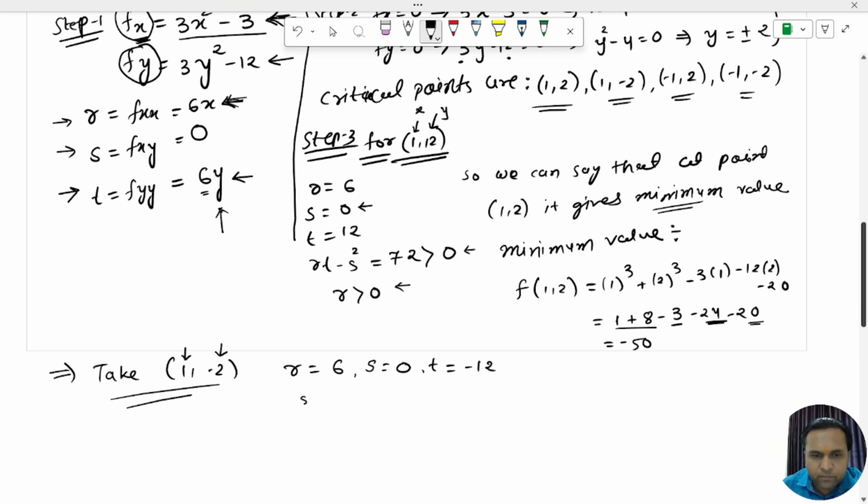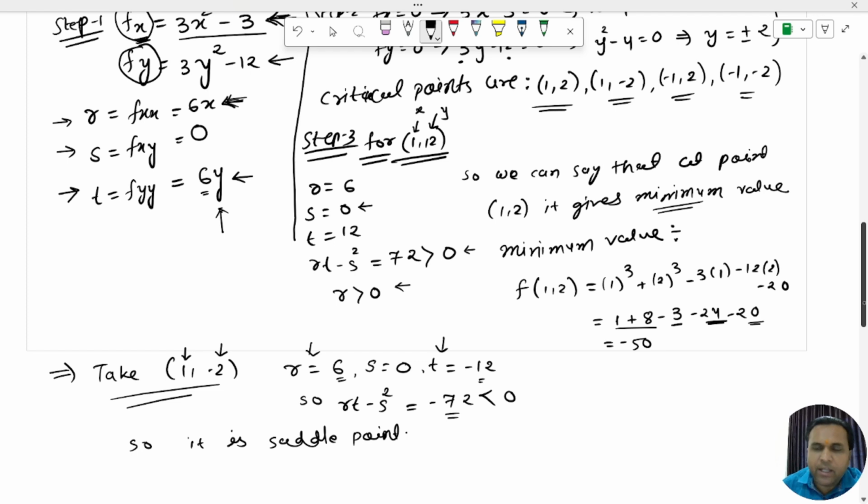So my rt minus s square equals -72, which is less than 0. r into t, -12 into 6, so it becomes -72, less than 0. So it is a saddle point. What will you call it? Saddle point. That is clear or not?